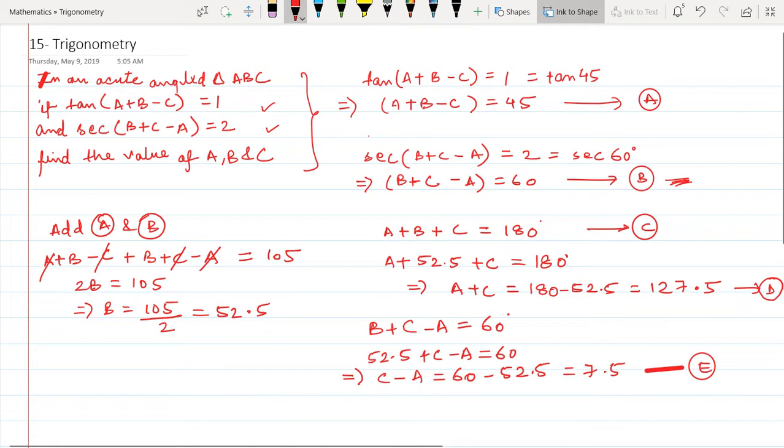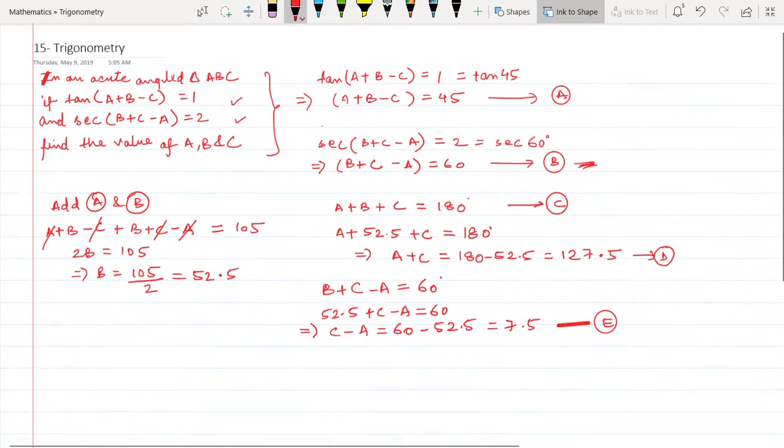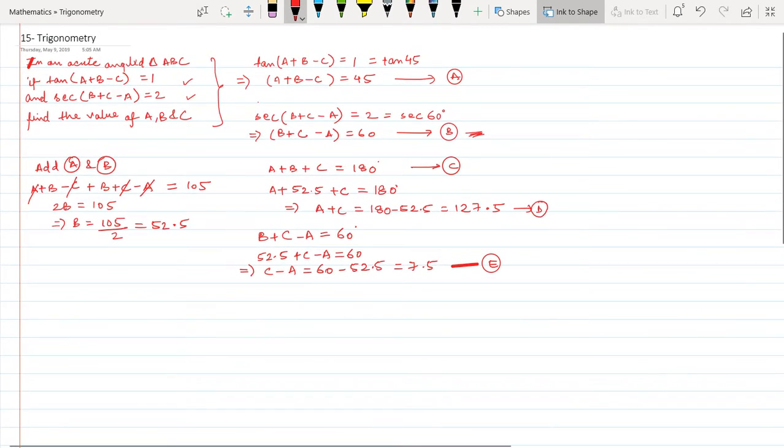Now the whole question becomes slightly simpler. I've already found that my angle B is 52.5.